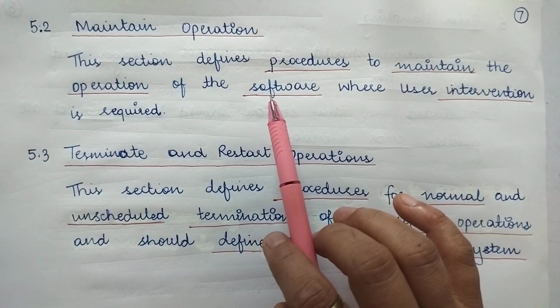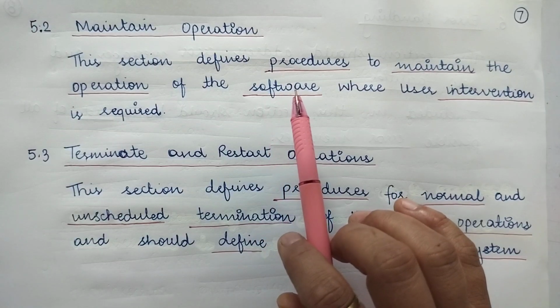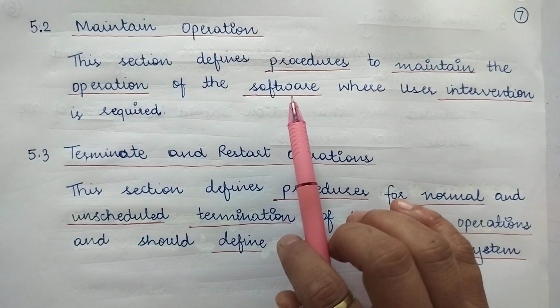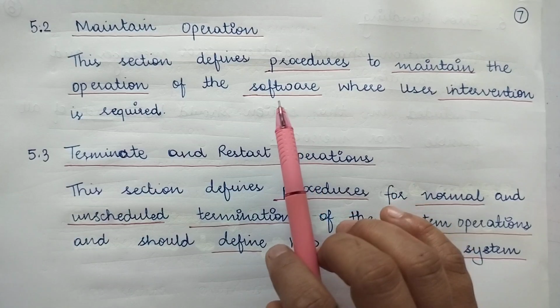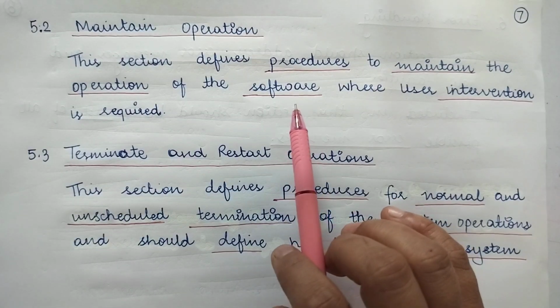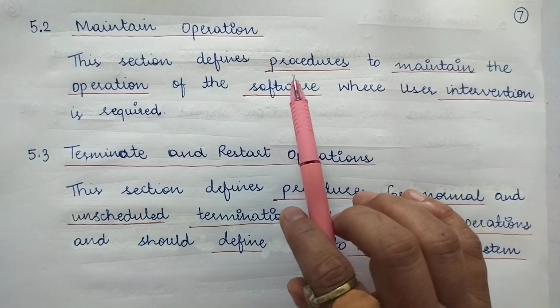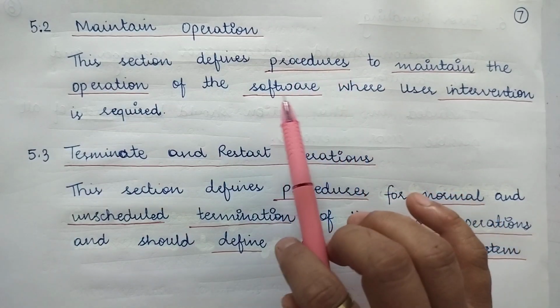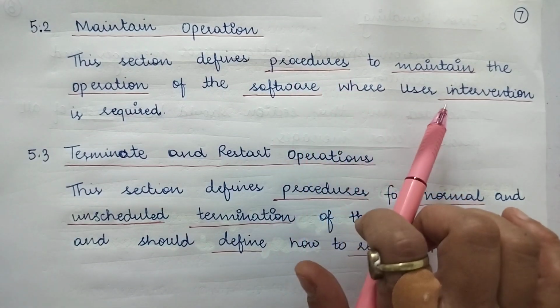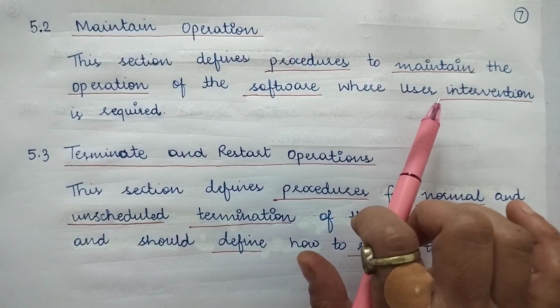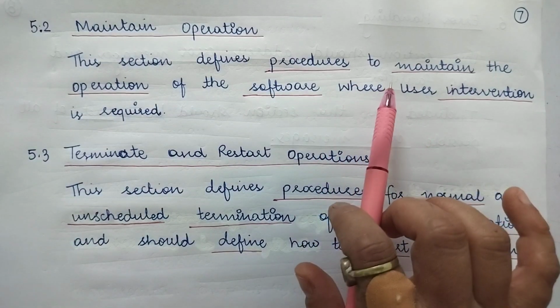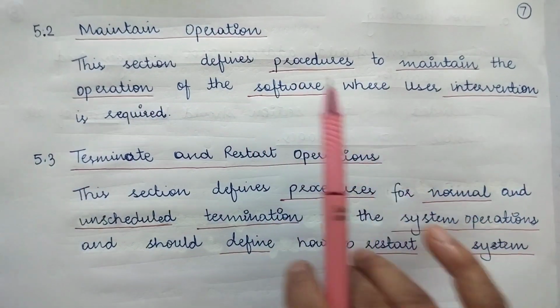As I told you, maintenance is an ongoing activity. So you continuously need to maintain the software after it is installed at your site. Whatever the procedures for the maintenance of the operation of the software are, wherever user intervention is required, that means which can be handled by the user, are provided here in this subsection.